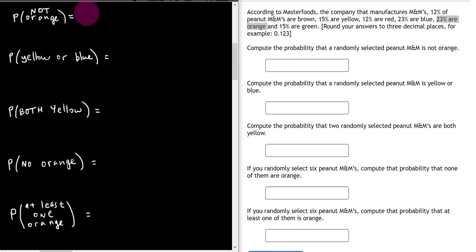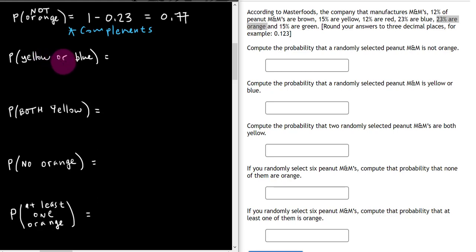We would simply say 1 minus 0.23 is the chance of getting a peanut M&M that is not orange, so 0.77. The main idea there is the property of using complements.